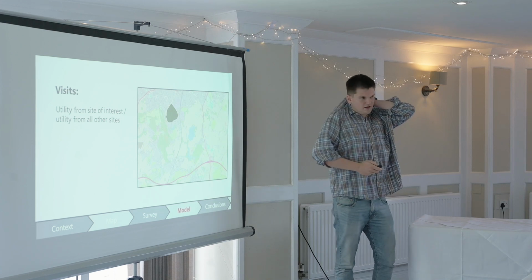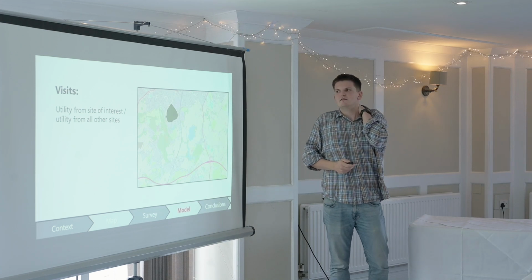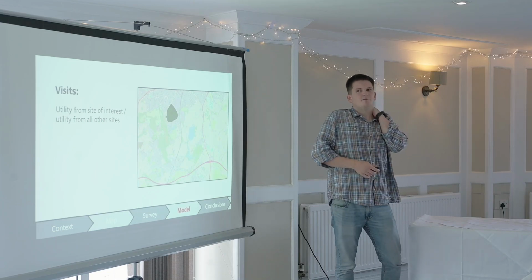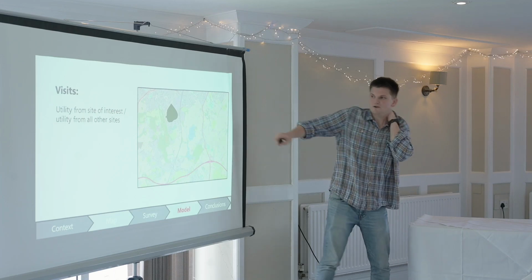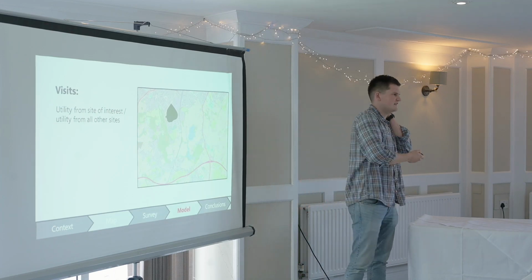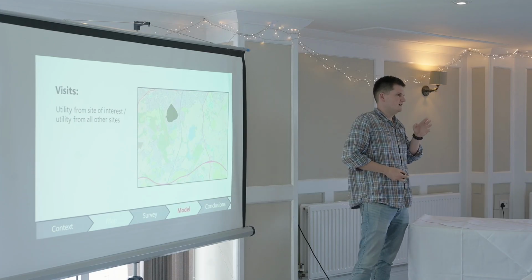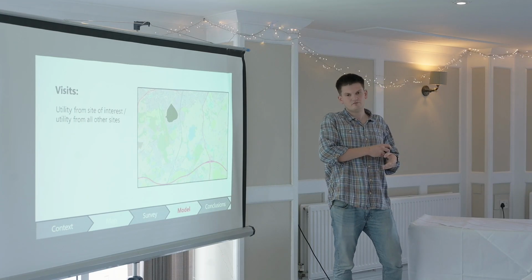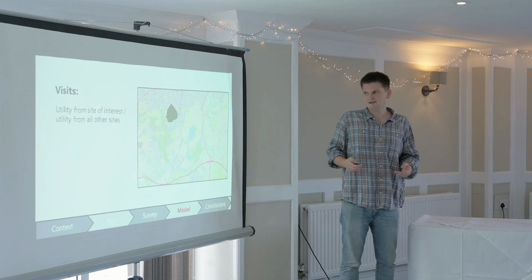Okay, so we've got that utility function with all those errors, but what's important is what we can then do with that. The first thing is we can start to predict how many people visit each one of these sites. So for a single site, the probability of a person visiting that site is the utility they would get from visiting that site over the utility they would get from all of the other sites, basically.